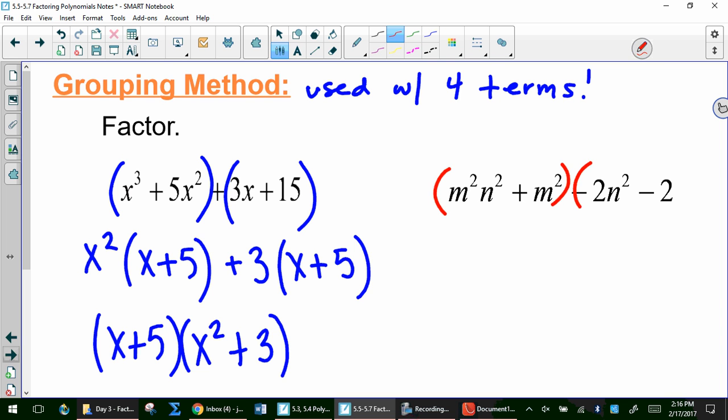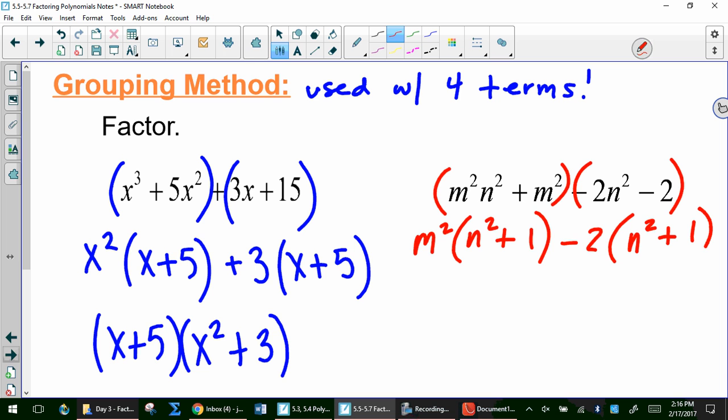So if we group, what's the GCF in this first group? Willie? N squared. And what's left? N squared plus? What's the GCF here? -2. So we factored out a -2 because our goal is to make these expressions the same, so that we can do that bigger grouping method.